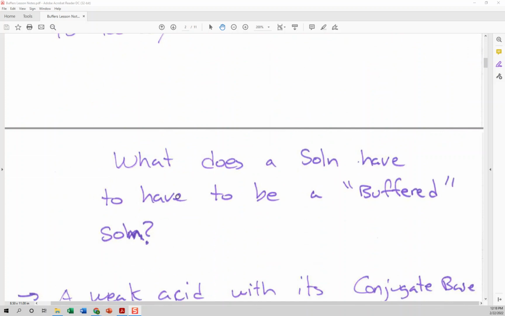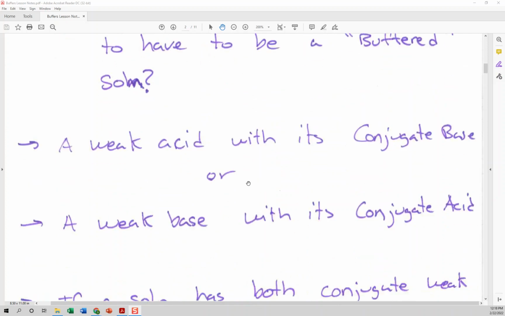So how do you know a solution is a buffer solution? Well, this is what you have to have. You have to have a weak acid and its conjugate base in solution at the same time. Or you could flip that and say a weak base and its conjugate acid.